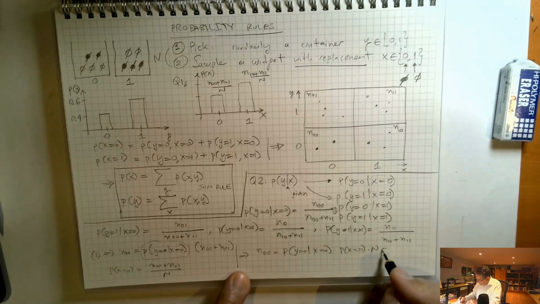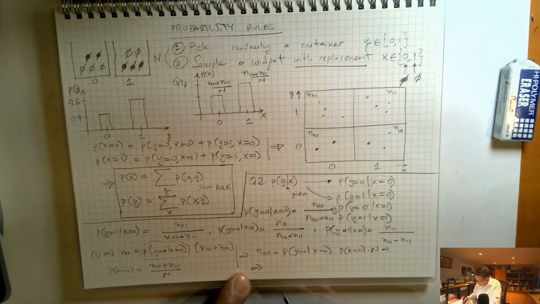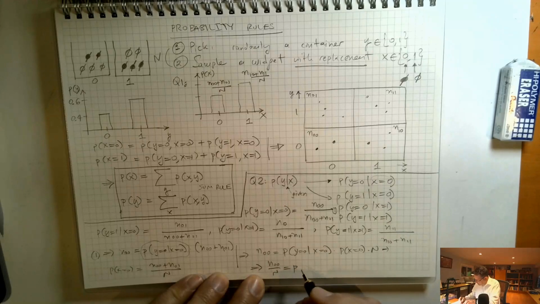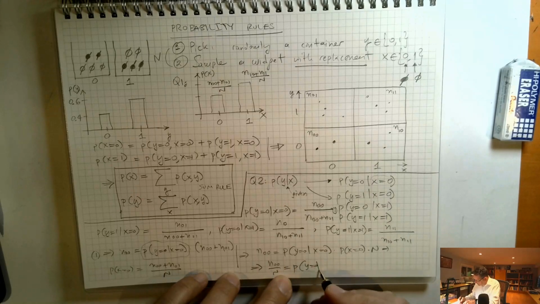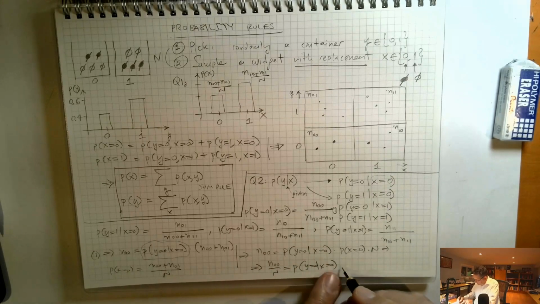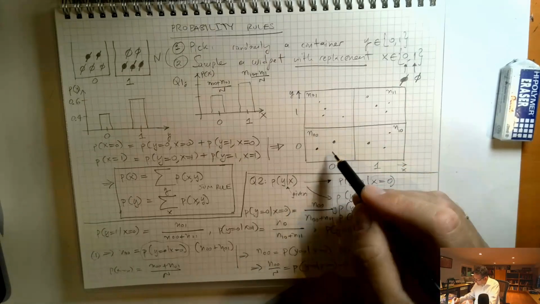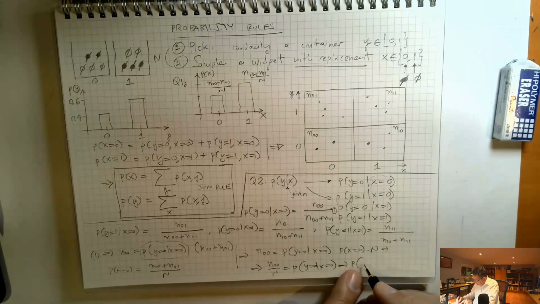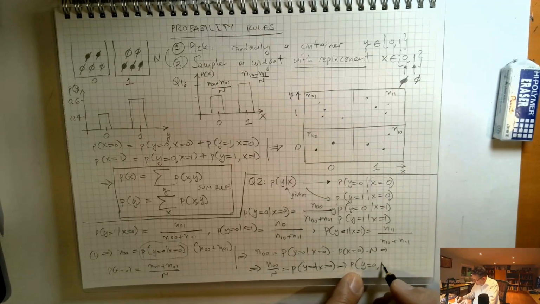And therefore, I can write that n00 divided by n is P of y = 0 given x = 0 times P of x = 0. But n00 divided by n is the probability of y = 0 and x = 0.